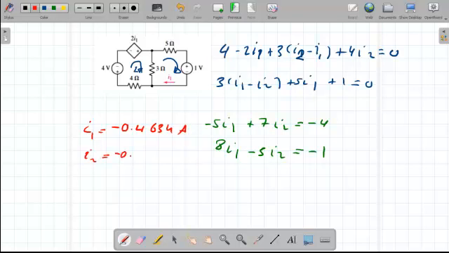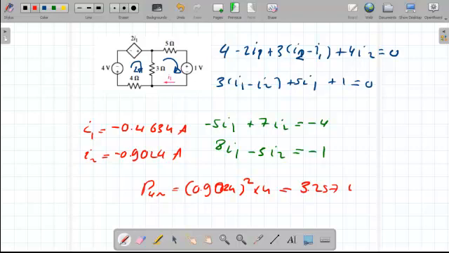I2 will equal minus 0.9024 amp. So the power dissipated in the 4 ohm resistor will equal 0.9024 squared times 4, so it equals 3.257 watt.